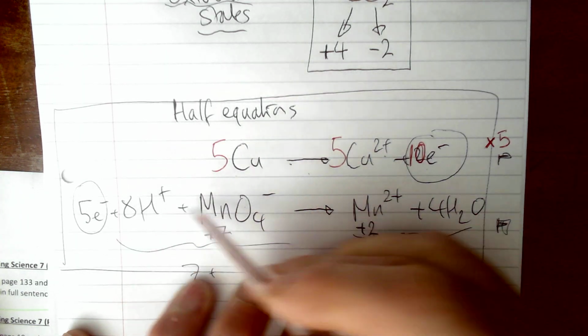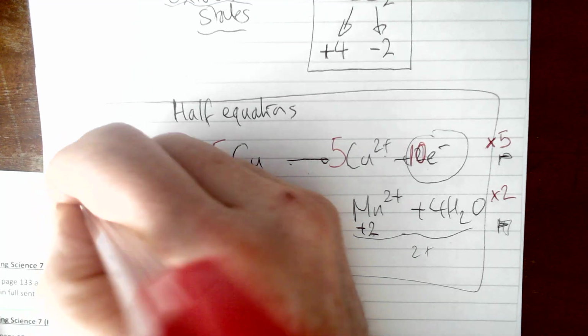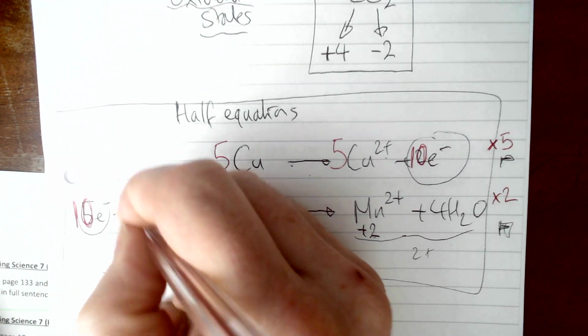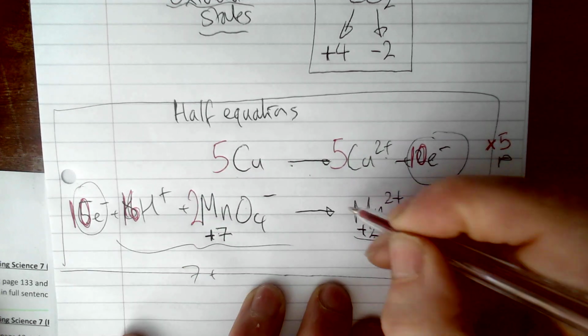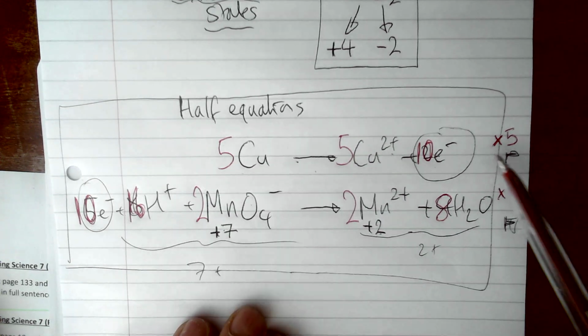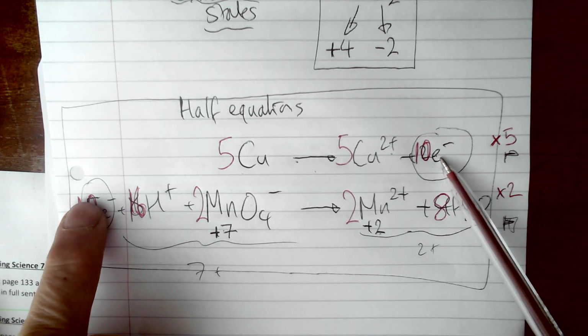And I times everything in here by 2, to make my electrons 10: 8 becomes 16, this becomes 2, this becomes 2, this becomes 8. What we'll notice now is 10 electrons have been lost, 10 electrons are gained.